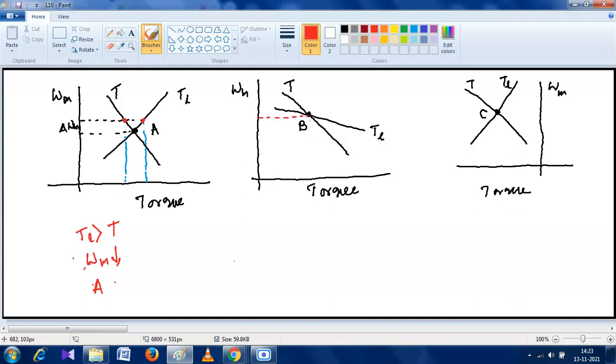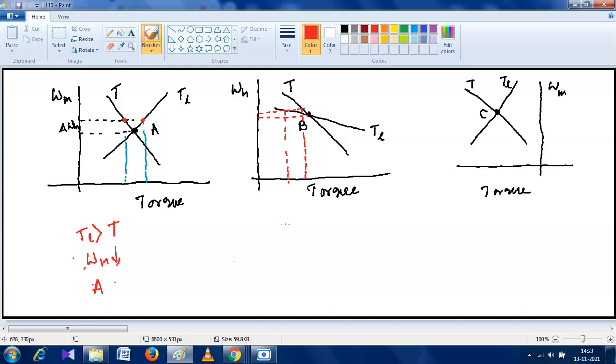Suppose this is the speed omega and we give a small perturbation, or say a small disturbance. This is the load torque and this is the machine torque. Which one has the higher value?